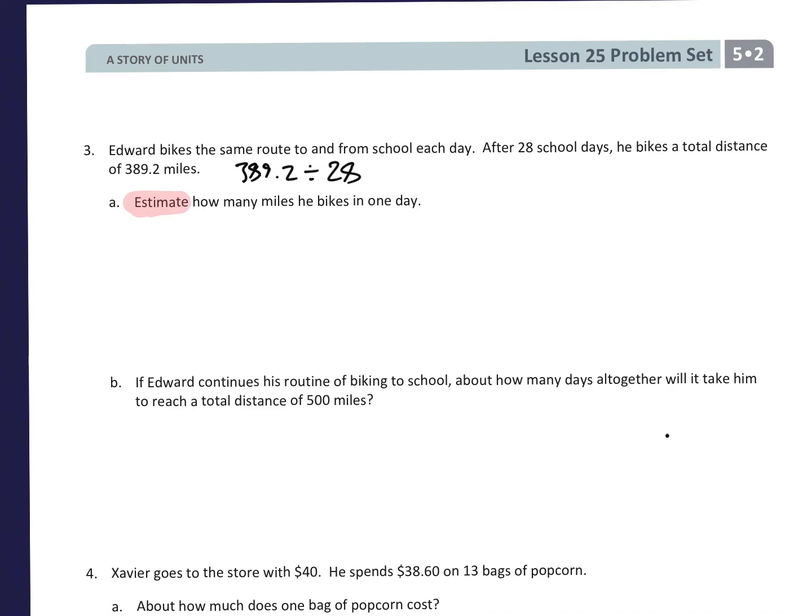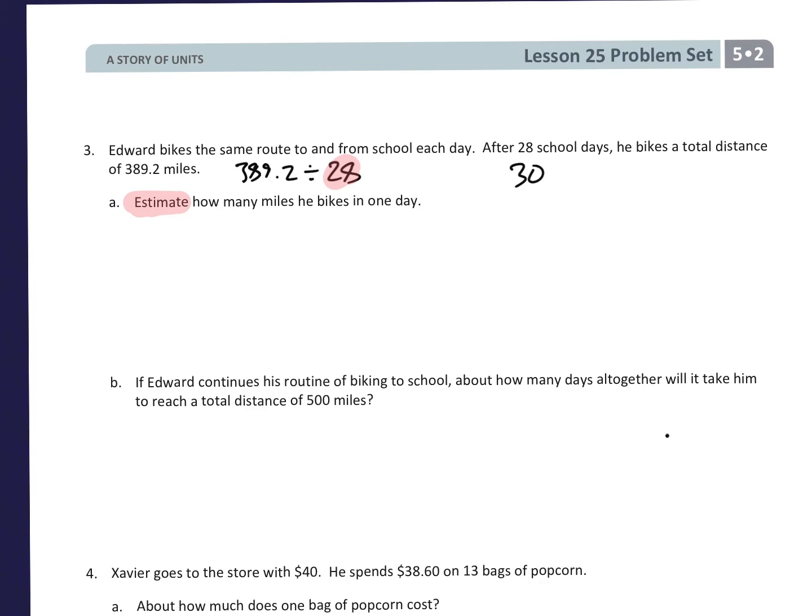And so when I estimate, I like to estimate with the divisor first. I like to round the divisor first and then see what it gives me and see what I can change over here to make it easy to work with. So 28 would round up to 30. And then I'm looking at that 3 right there, and 3 goes into 3 pretty well.